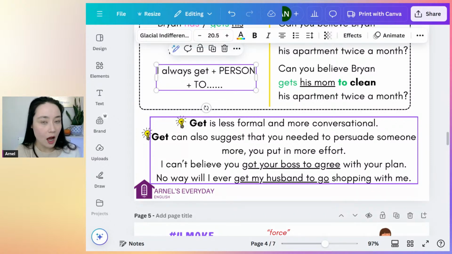Like, I can't believe you got your boss to agree with your plan. You must have really tried hard to persuade him. No way will I ever get my husband to go shopping with me. I will not be able to persuade him. So yes, with this structure here, get is less formal, but there's also a feeling you had to push someone a bit more. That's an important nuance.